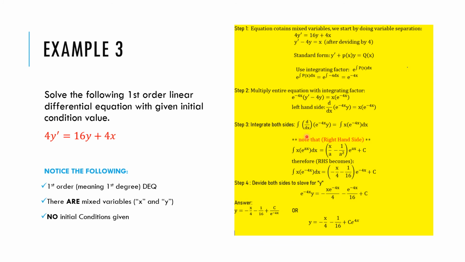An integral and a derivative just cancel each other out. So that leaves you with just this right here. The derivative is gone and the integral is gone, so you're only left with e raised to negative 4x times y. That is what you see here.